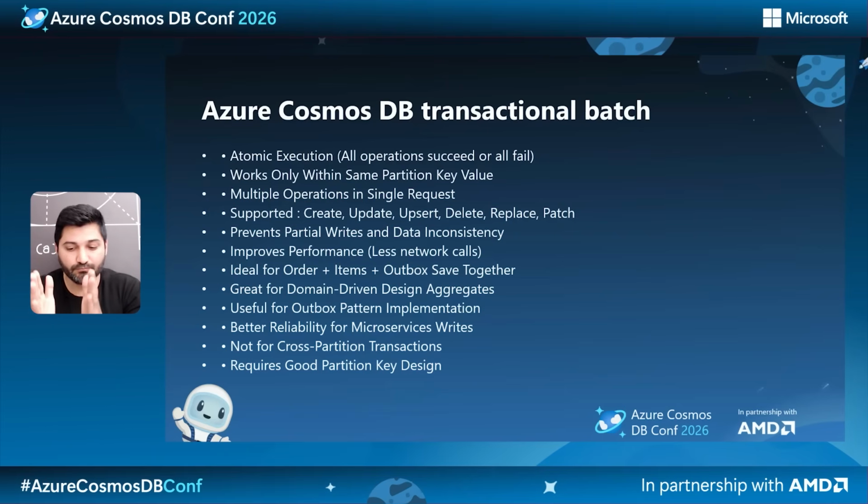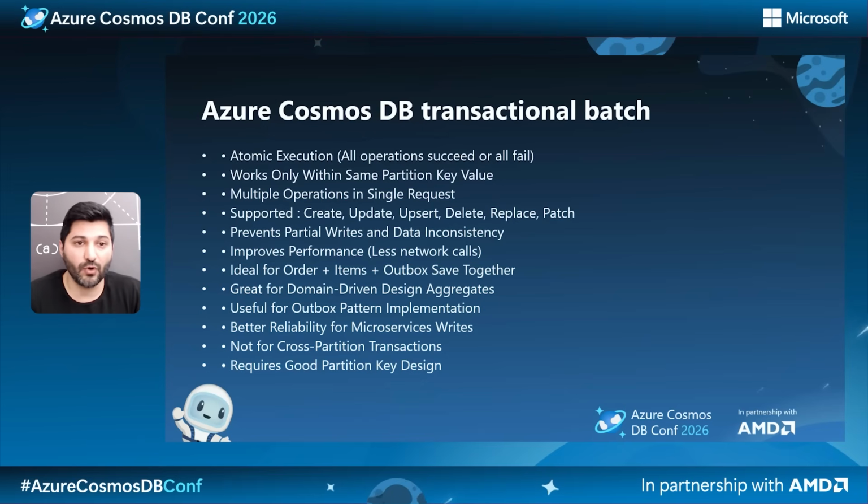I mostly apply Azure Cosmos DB's transactional batch feature for event-driven architecture with domain-driven design, which I applied in my GitHub repository. You have more than one operation. You want to have them as an atomic operation, like in a transactional scope. So all operations should succeed or fail. That's the real case where you should use transactional batch.